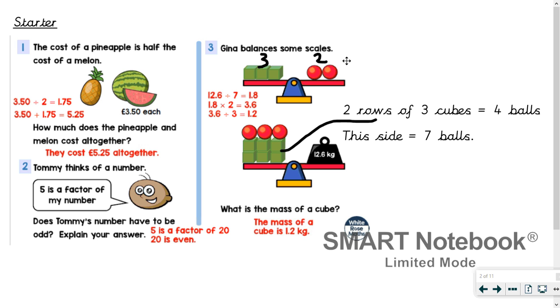So that clearly means this side is 3.6. This side is 3.6 as well because it is balanced. Now we know that if these 3 cubes weigh 3.6, to find the mass of a cube, we divide by 3. So 3.6 divided by 3 is 1.2. So a cube is 1.2 kilograms.